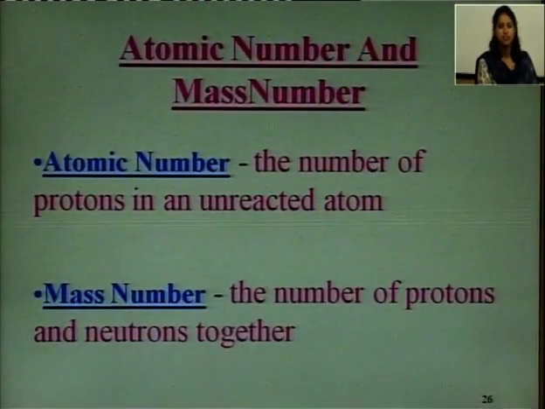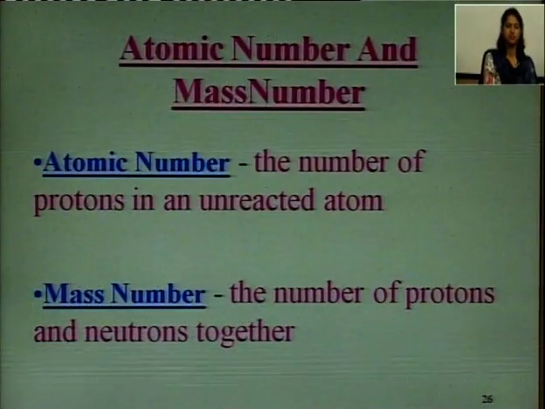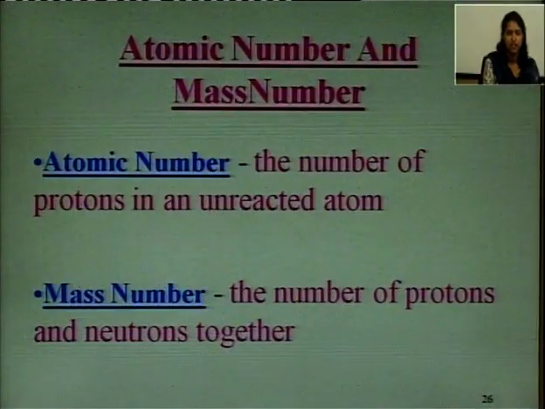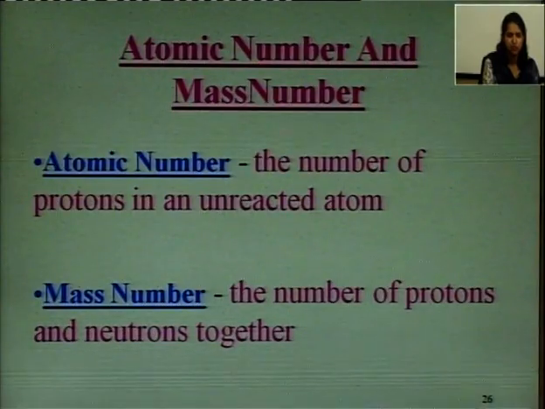Then it comes, what is atomic number and what is mass number? Atomic number is the number of protons in the unreacted atom, and mass number is the number of protons and neutrons together.